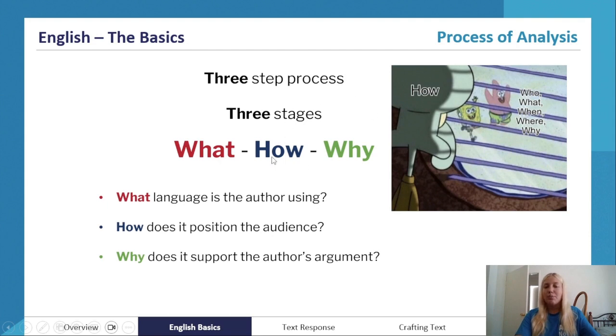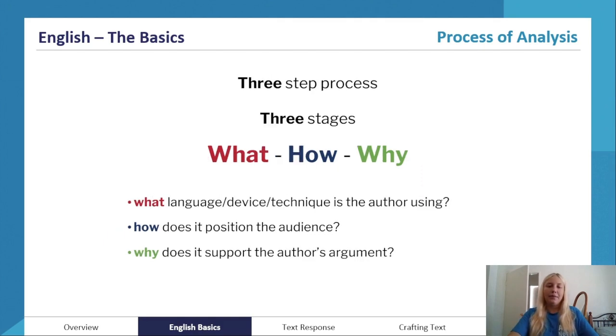Or you can analyze both. If you're aiming to analyze a persuasive language technique in depth because you think it's really significant, you may complete both the how and the why, okay? And this just depends on the piece of the quote that you're working with, the technique. So let's look at it in a little bit more detail.